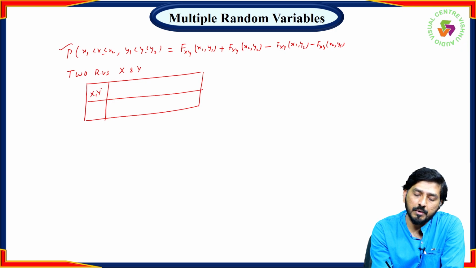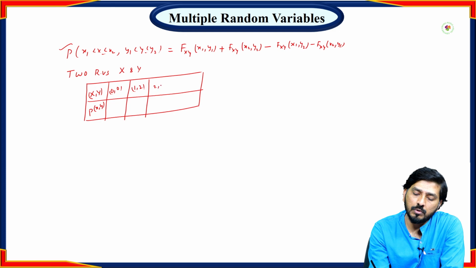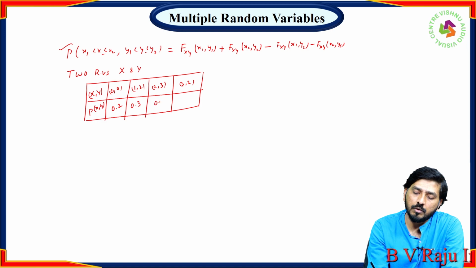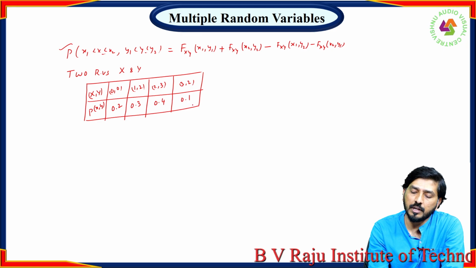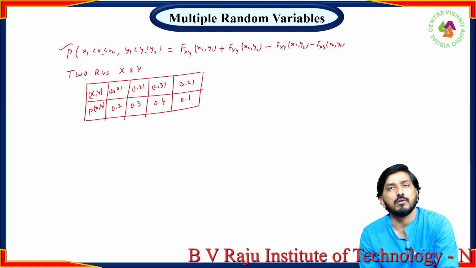The values of x comma y are 0, 0, 1, 2, 2, 3, and 3, 2. You can take any values randomly. And the corresponding probabilities are 0.2, 0.3, 0.4, 0.1. Check once whether the sum of all the probabilities is equal to 1 or not. 0.5 and 0.5, which is equal to 1.